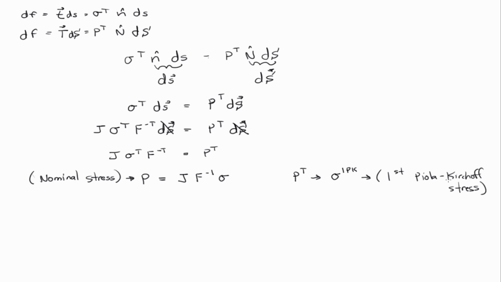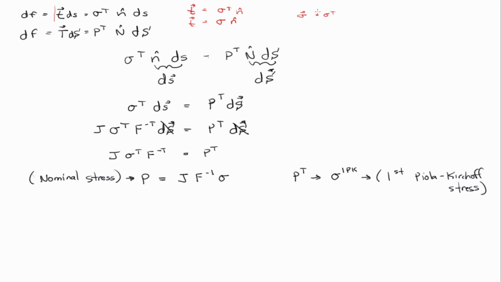When they use this equation, which is really T equals sigma transpose n, and we derived that rigorously and showed that it was the transpose, they immediately say, well, Cauchy stress is symmetric, so they immediately rewrite the equation as this. T equals this, which is true. A symmetric tensor is its transpose.